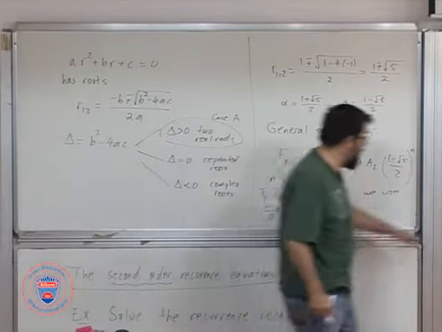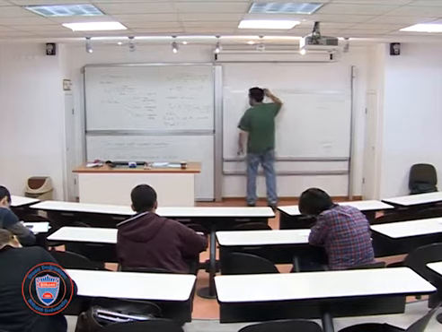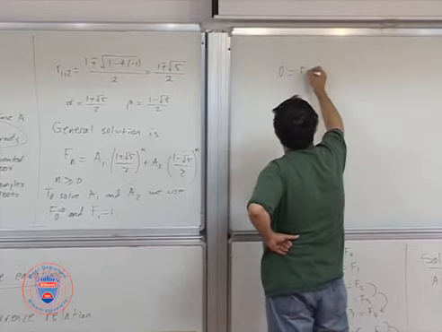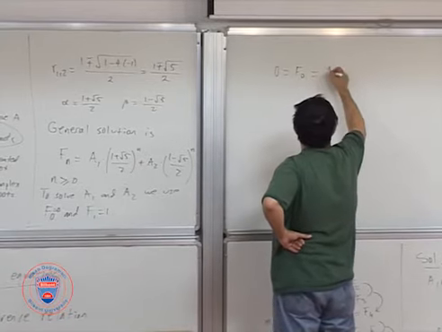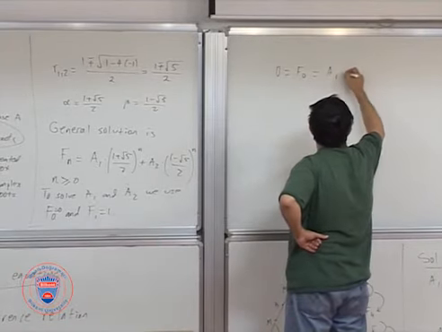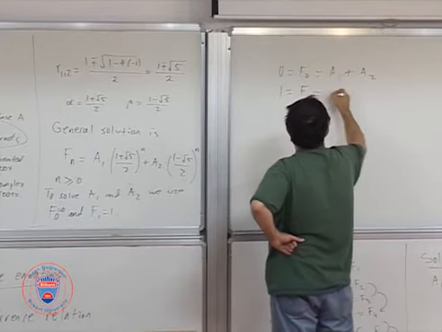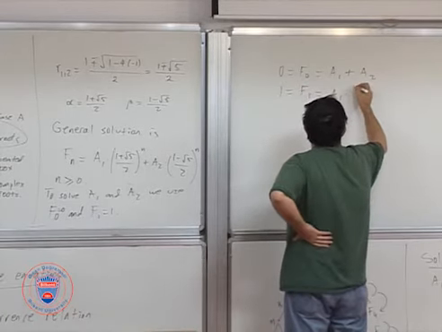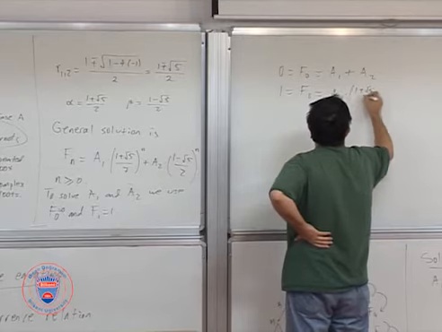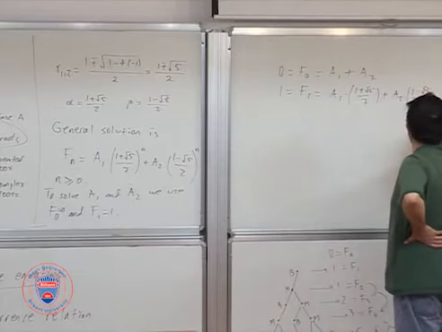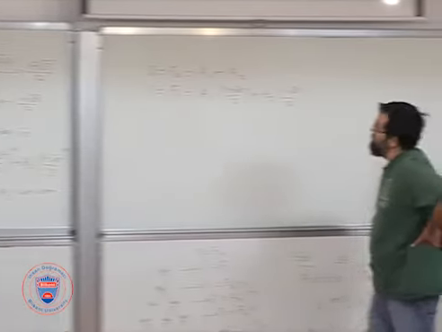So what you do is you set up the F0 and F1 equations. The F0 equation gives you this. When you put in 0, you get A1 plus A2. And then if you put in 1, you get this: A1 times (1 plus square root of 5) over 2, plus A2 times (1 minus square root of 5) over 2. So these are the equations you have.